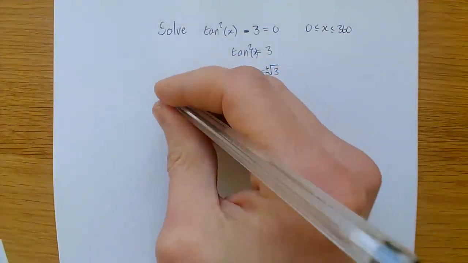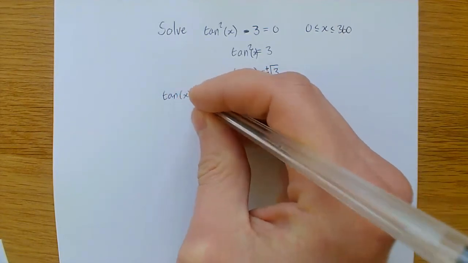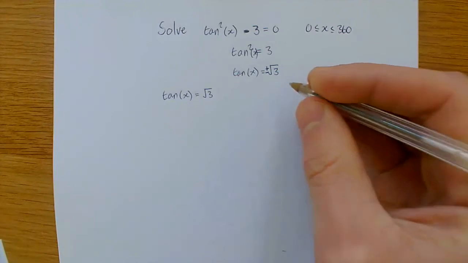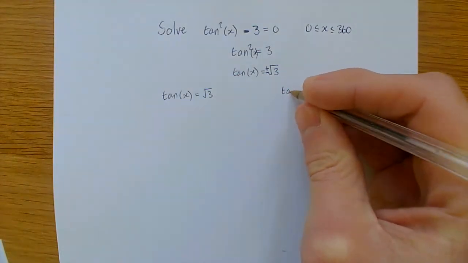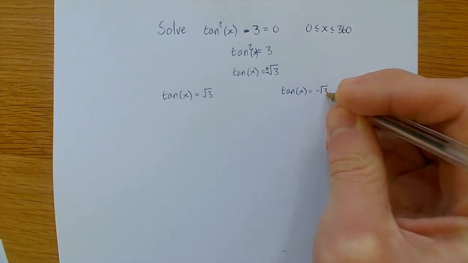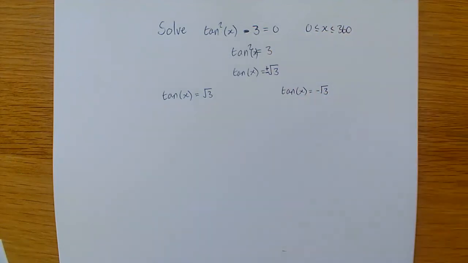So we've really got 2 equations to solve now using all our skills from the last week or 2. We've got one where we're solving tan of x equals root 3, and one equation where we're solving tan of x equals minus root 3. Both of those options are possible if the square of tan gives us 3.